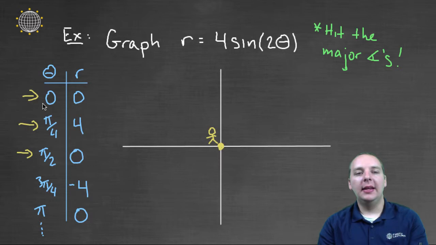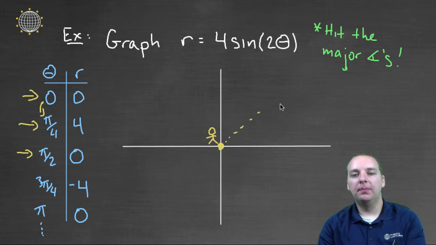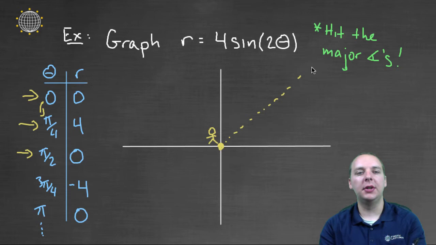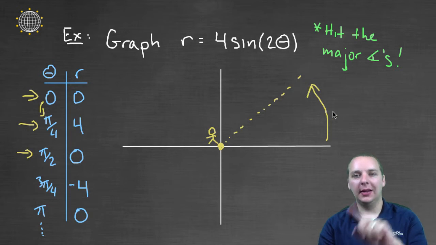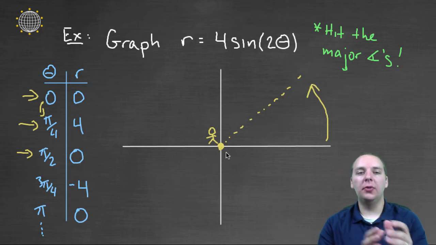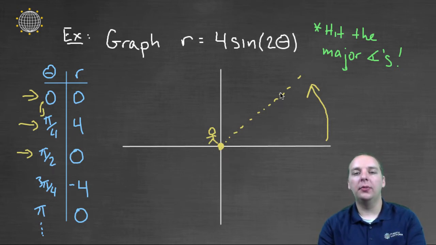Okay, and then he's going to go from 0 to pi over 4. Sometimes I'll put these little dotted lines in the direction of these angles so I can just have a point of reference here. So as he's going from 0 to pi over 4 and he's fanning in a counterclockwise fashion, the R value is going to grow from 0 out to a pretty large R value of 4, which would be, let's just put it out here for example.